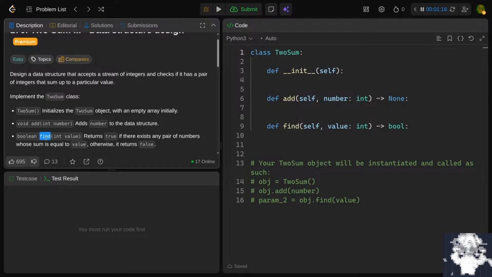So the find is supposed to return true if I can make this sum out of the values that I already know.